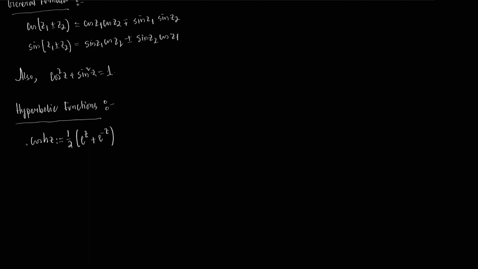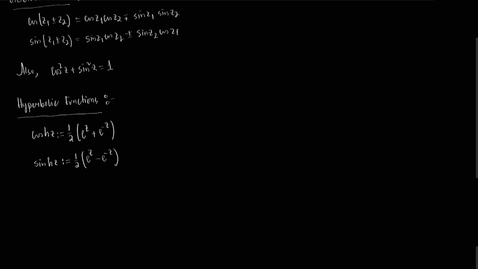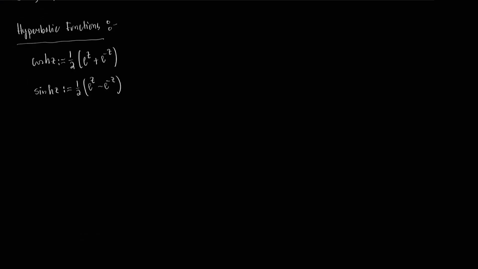And we define sine hyperbolic z to be half exponential z minus exponential minus z. Those are the two things, and this is motivated by the real case. Clear?